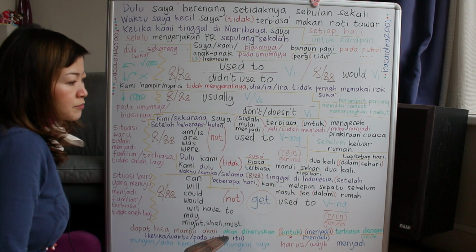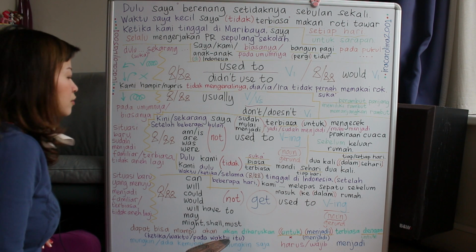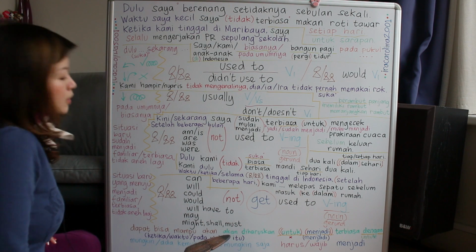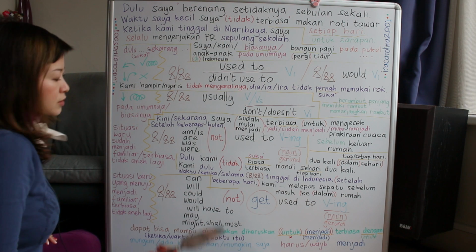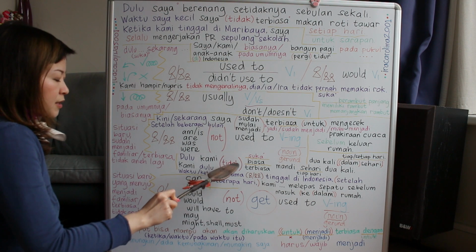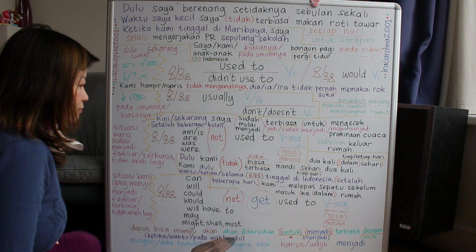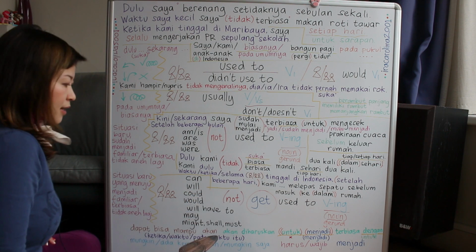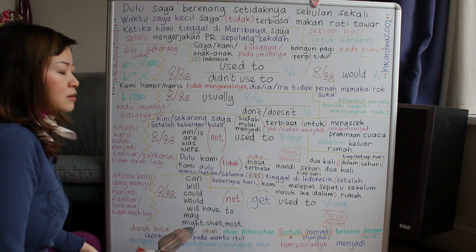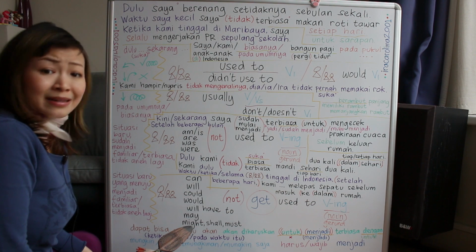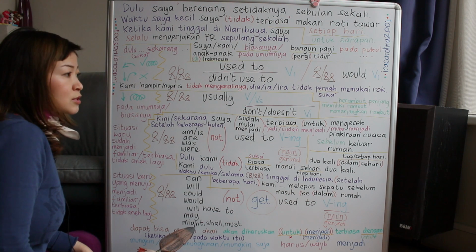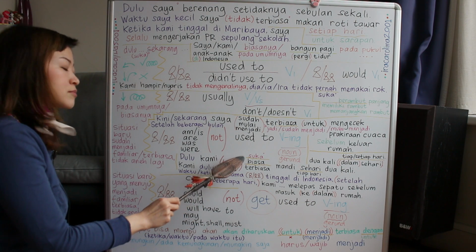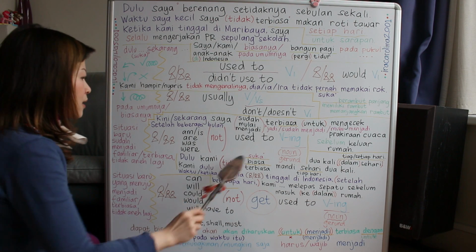Dulu, before, or long time ago, or in the past. Kami, we. If you want to put the no or not, you can. Here, tidak. Suka, again, to make it as a slang or daily conversation, not a formal sentence, but we use it most of the time.